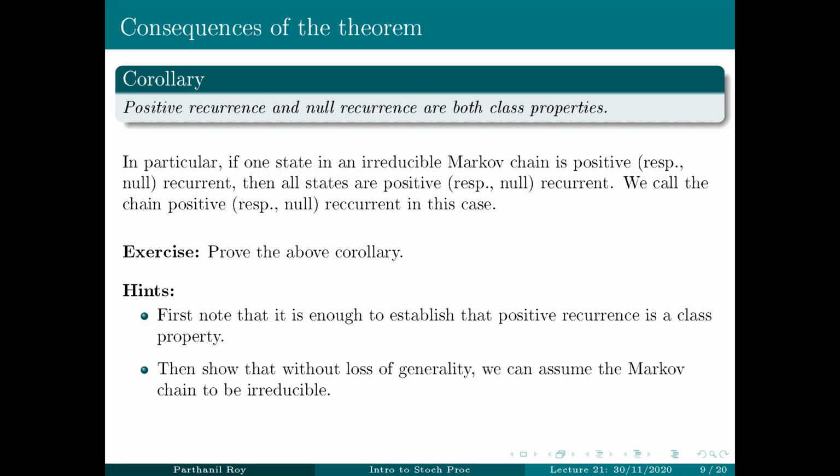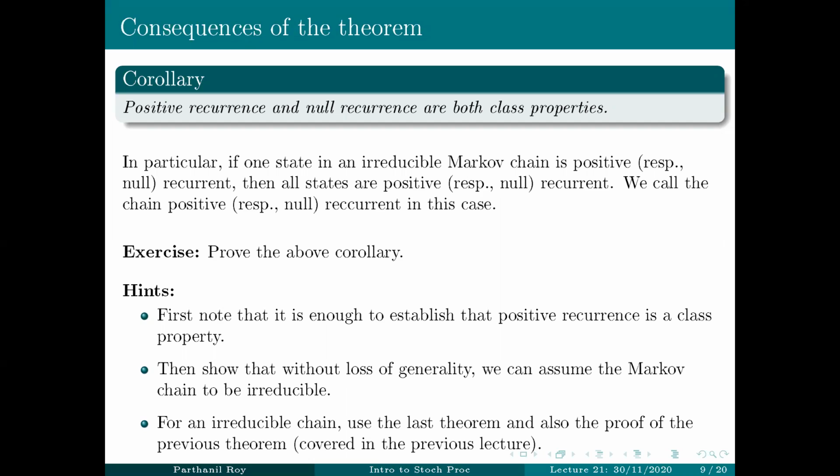Then how do we show this in the irreducible case? In other words, what we have to show here is that if you have an irreducible Markov chain, and one state is positive recurrent, then all states are positive recurrent. This is what you have to show. Now here we're going to use the theorem we just proved, for which we gave the sketch of proof today.